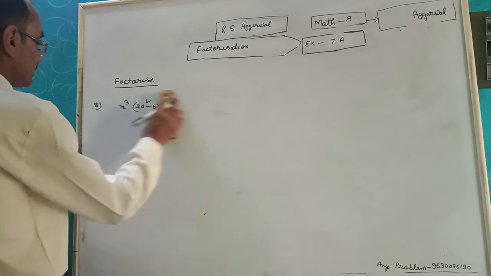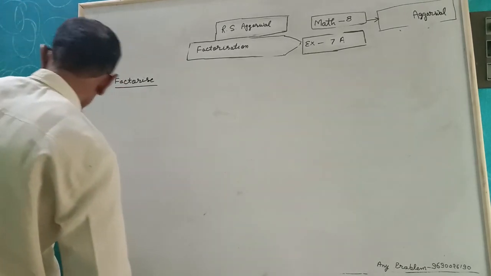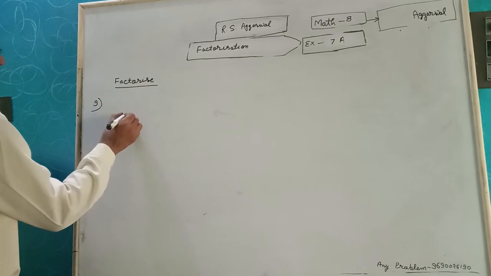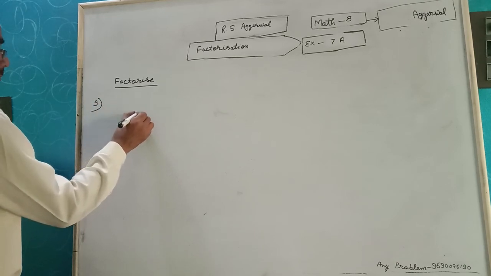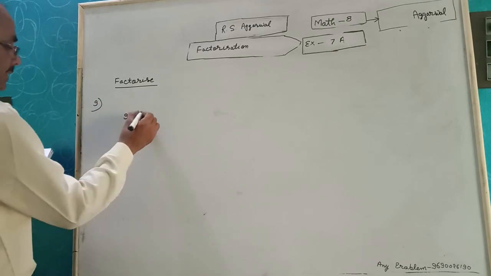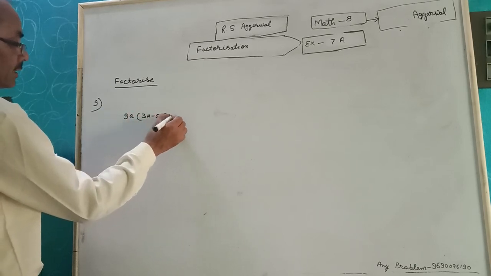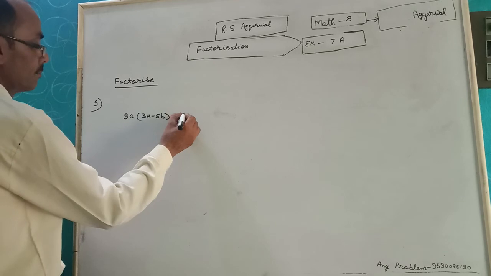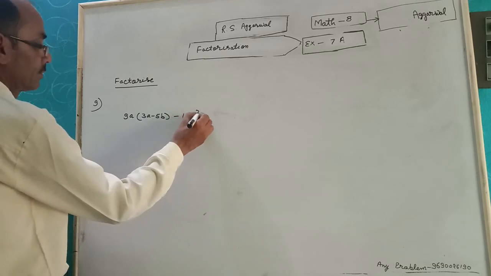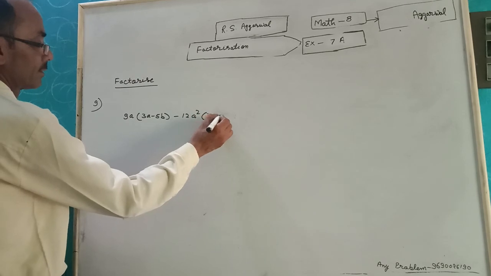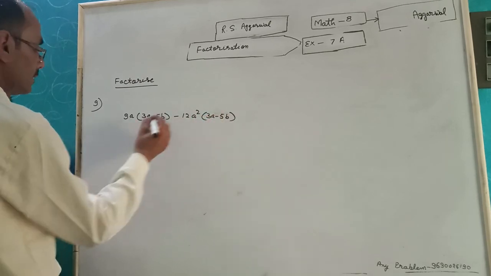Ninth question is 9a bracket 3a minus 5b minus 12a square bracket 3a minus 5b.